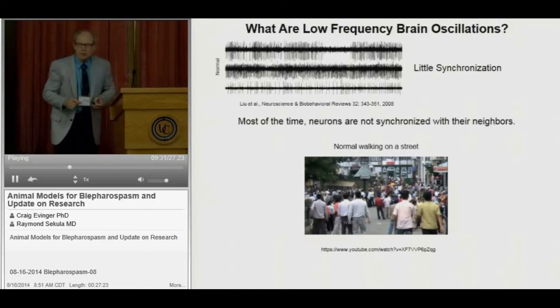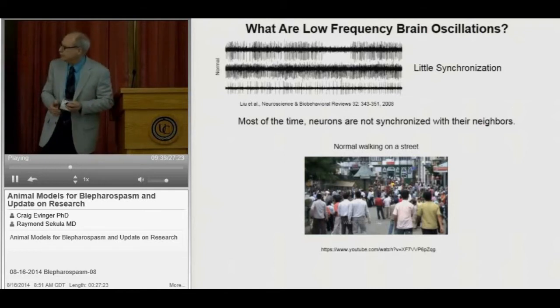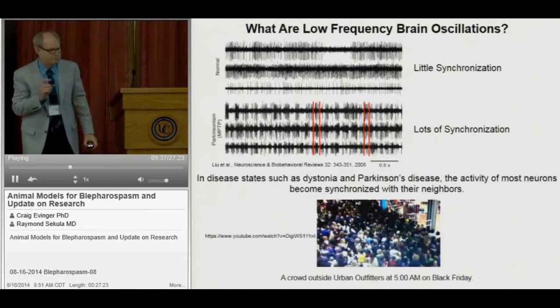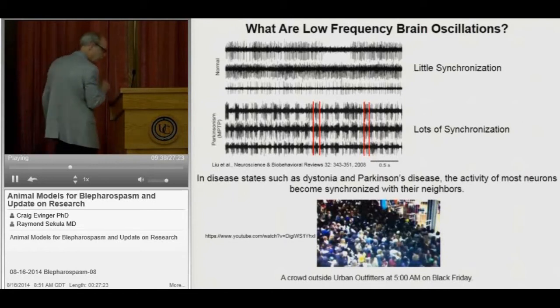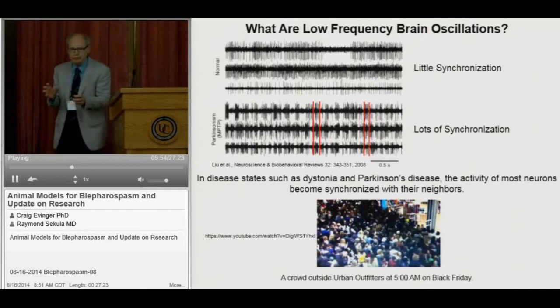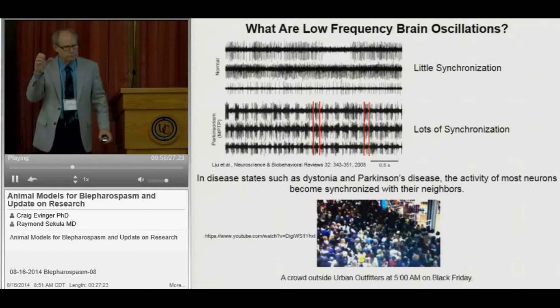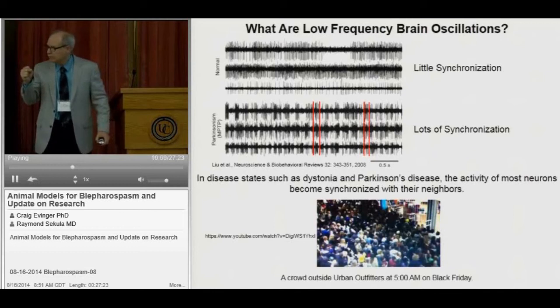Now let's think about what happens when the brain gets synchronized, as it does in disease states. This is an example from a monkey again, who has the monkey equivalent of Parkinson's disease. And again, here are 3 neurons, okay? And now you can see what they're doing is these action potentials are occurring in bursts. Like instead of going no, no, no, no, like this, they're going in bursts.